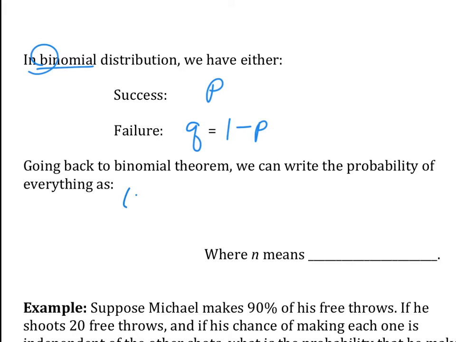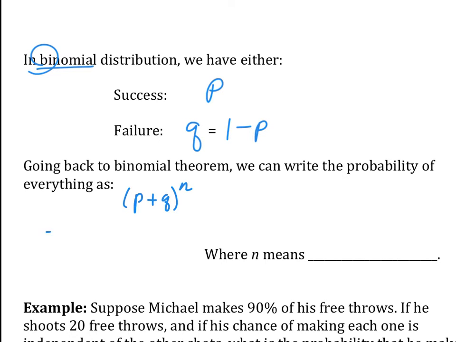Now remember that P plus Q has to be equal to 100%, and then n is how many times we let this trial happen. So how many trials do we have?